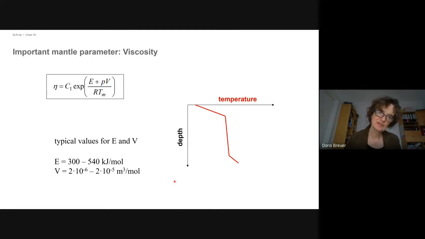So what we see here is, as a function of depth and temperature, a typical temperature profile in the interior of a planet. When we take a look at how the viscosity looks, you see that at the surface, where we have a low temperature, we have an extremely high viscosity, and it then decreases because of the increase of the temperature, and then in the interior it increases a little bit with depth because of the pressure dependence.